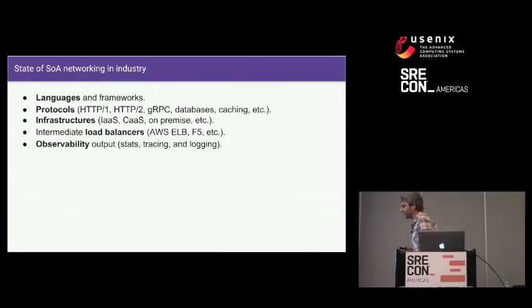And then most importantly, you've got this entire mess of things, right? You have different languages, different protocols, different infrastructures, different load balancers, and you're trying to figure out what's actually going on. That typically boils down to stats, tracing, and logging. The problem that most people have in this situation is that all of these different components are spitting out different stats, no tracing typically, and different logging.